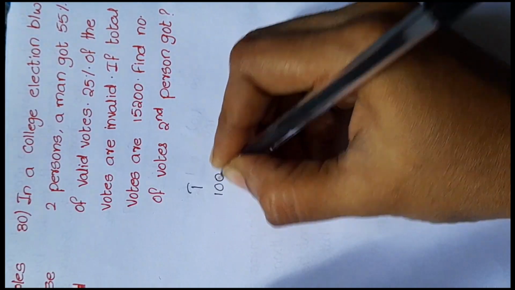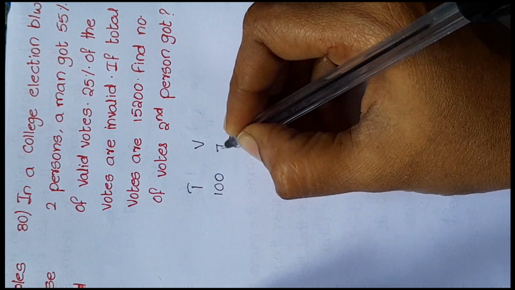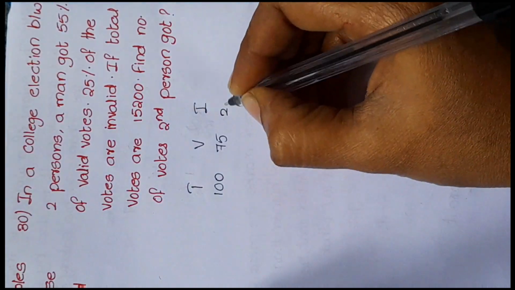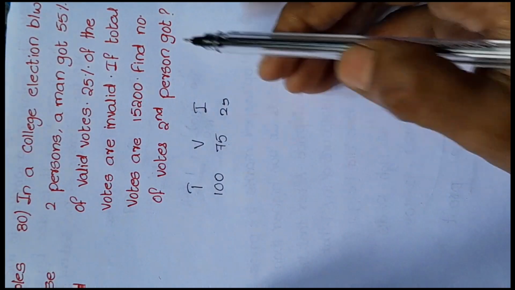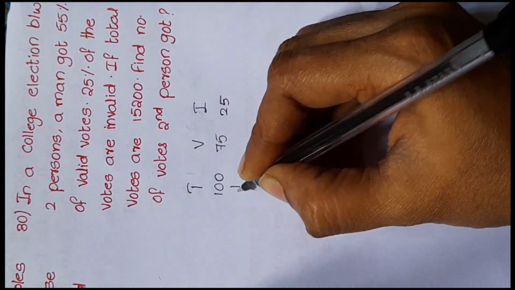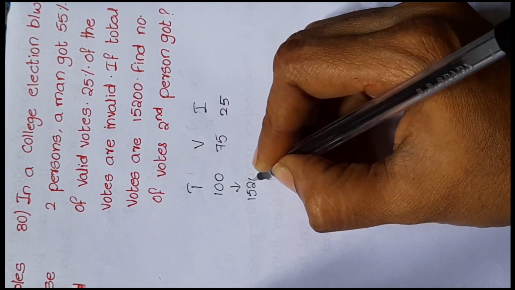Question number 30. In a college election between two persons, a man got 55% of the valid votes. 25% of the votes are invalid. If total votes are 15,200, find the number of votes second person got. Now let the total votes be 100. In that, valid votes are 75 and invalid votes are 25, because 25% of the votes are invalid is given. So valid is 75 and invalid is 25. Here the total votes are given as 15,200.